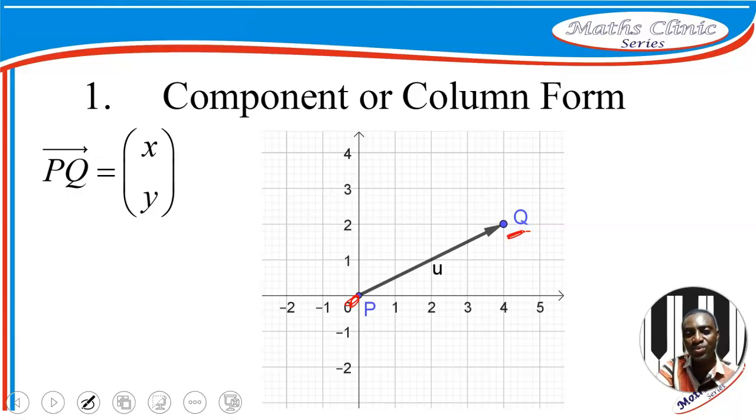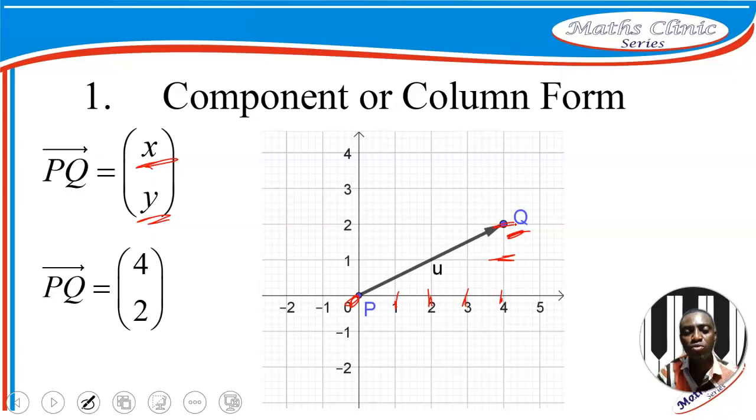The direction we are supposed to move is some steps on the x-axis and some steps on the y-axis, and we'll get to our destination. So from the point P, we can move 1, 2, 3, 4 on the x-axis and move 1, 2 on the y-axis. So the vector PQ becomes (4, 2).